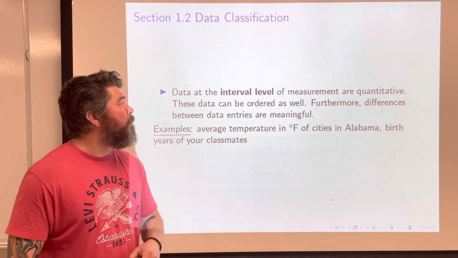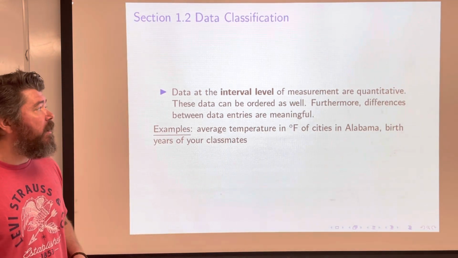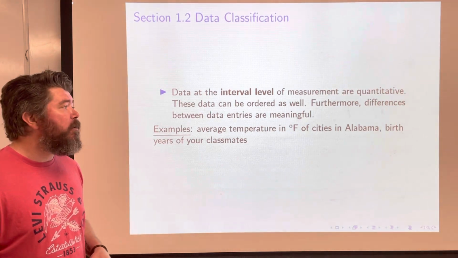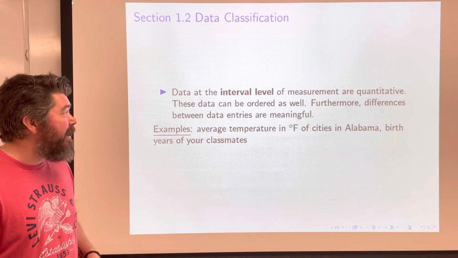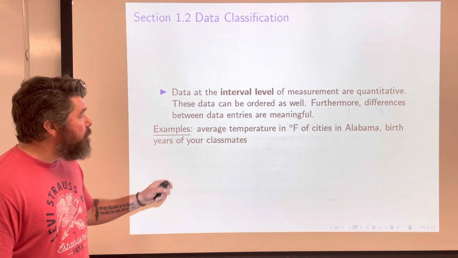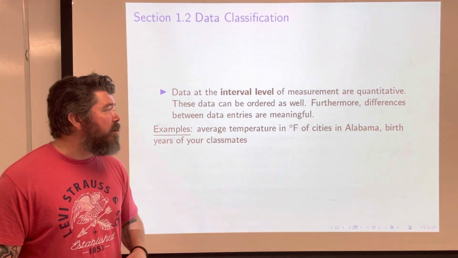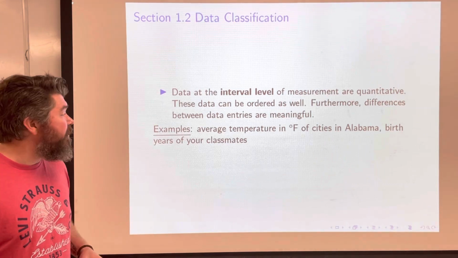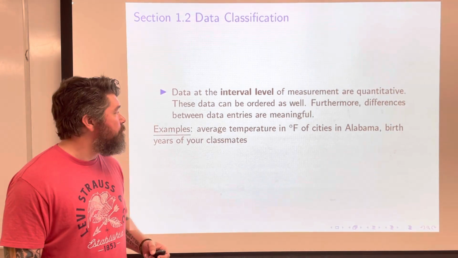Data at the interval level of measurement are quantitative. These data can be ordered as well. Furthermore, differences between data entries are meaningful. Some examples include average temperatures in degrees Fahrenheit of cities in Alabama, or birth years of your classmates.